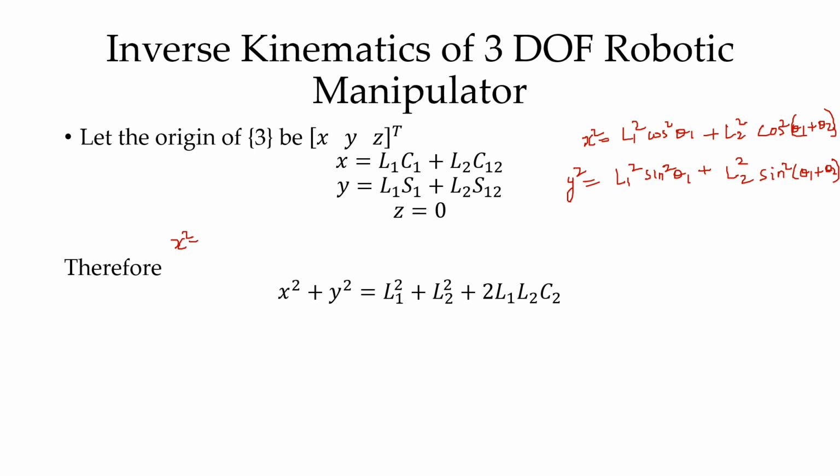So if you add this, you will get x square plus y square is equal to, we can take L1 square as common, L1 square into cos square theta 1 plus sine square theta 1, plus, okay, there is an additional term also, I forgot to write it. This is plus 2 L1 L2 cos theta 1 into cos of theta 1 plus theta 2.